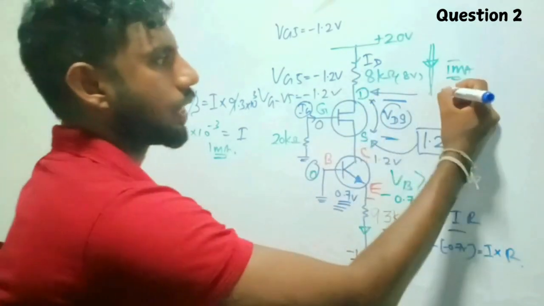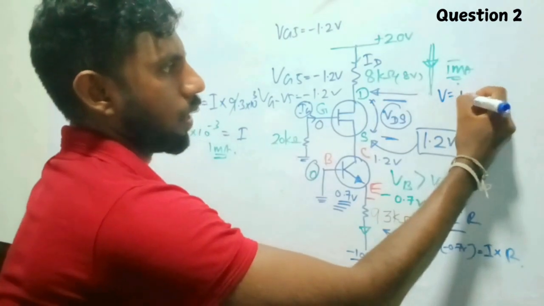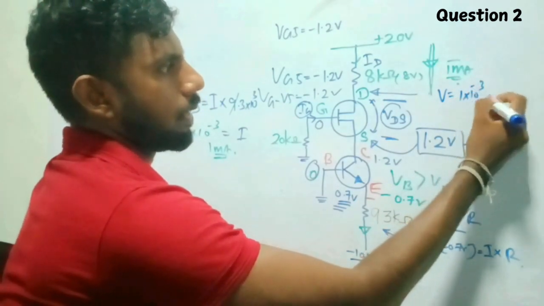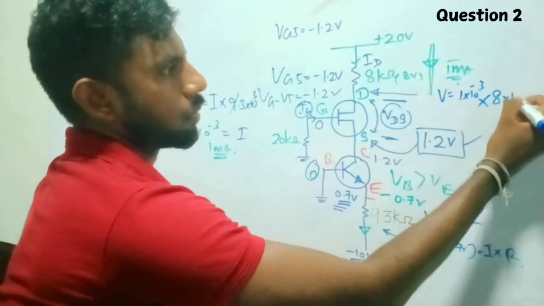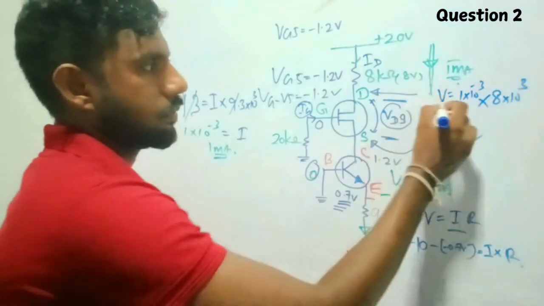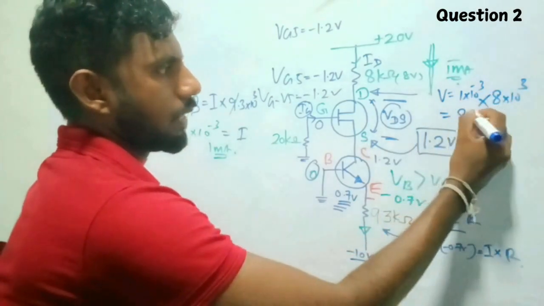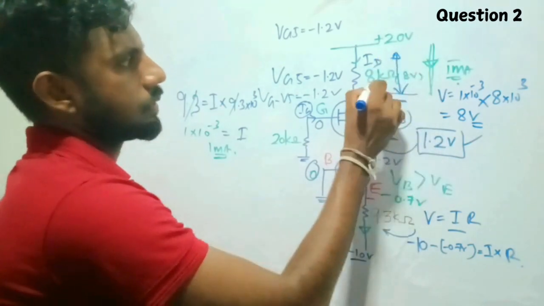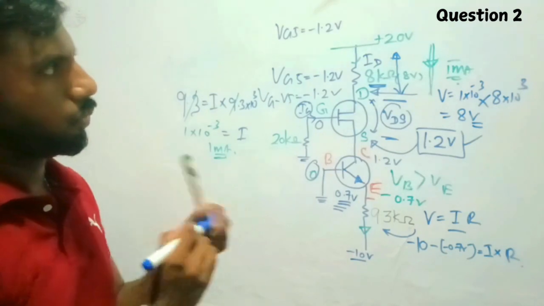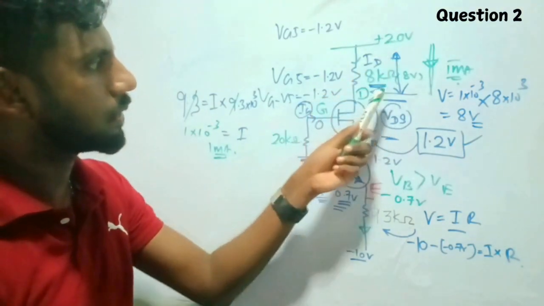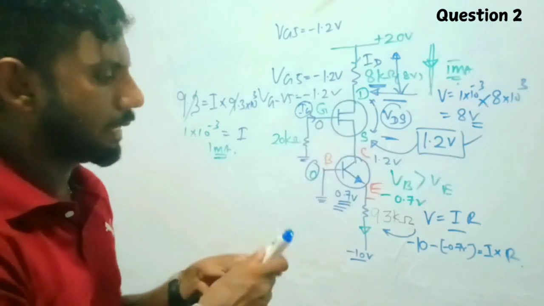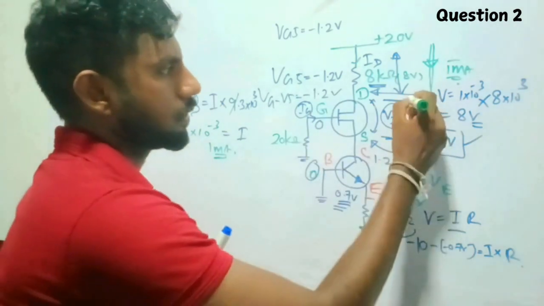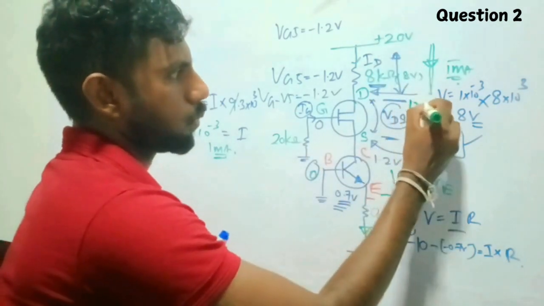So 1 into 10 to the power minus 3, 1 milliampere, into 8 into 10 to the power 3. 10 to the power minus 3 cancels off, and we get 8 volts. So the potential difference across this 8 kilo ohms is 8 volt. Here the potential is 20, the difference is 8. So the potential at point D is 20 minus 8, 12 volt.